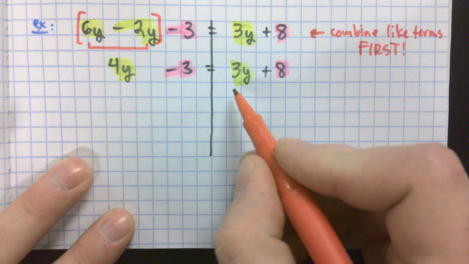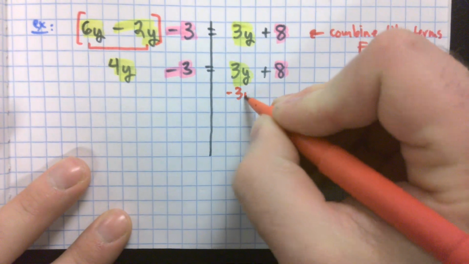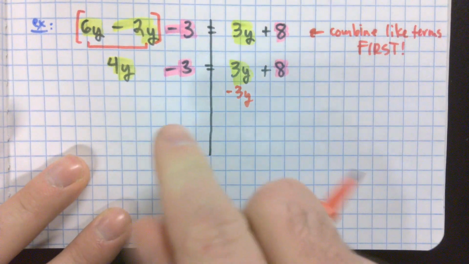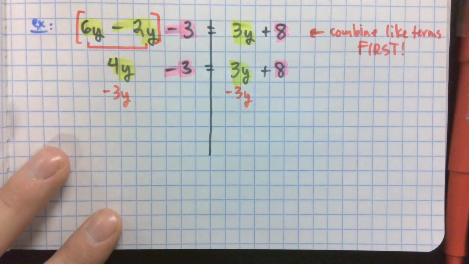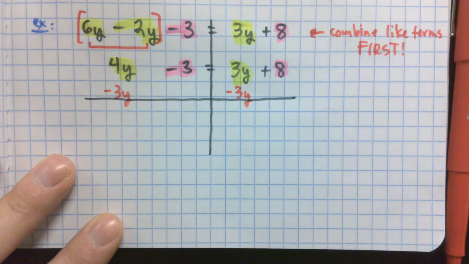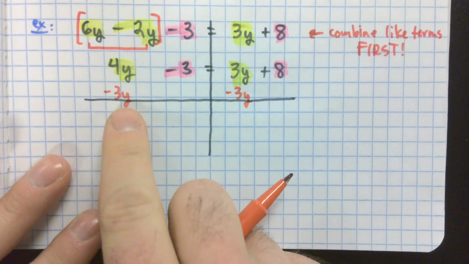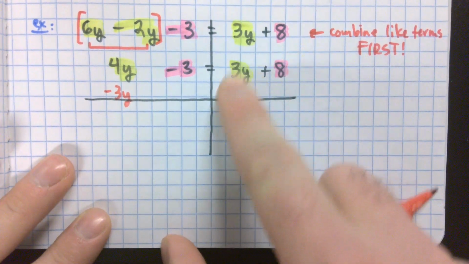Okay? So what's the opposite of 3y? Minus 3y. I'm going to write it under my like term over here so I can subtract them. What happens to these 3y's on the right? Cross them out.